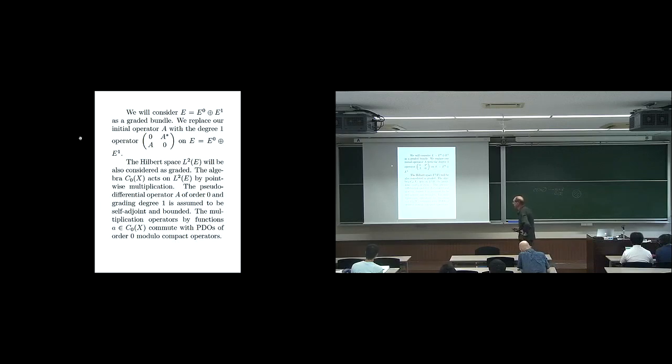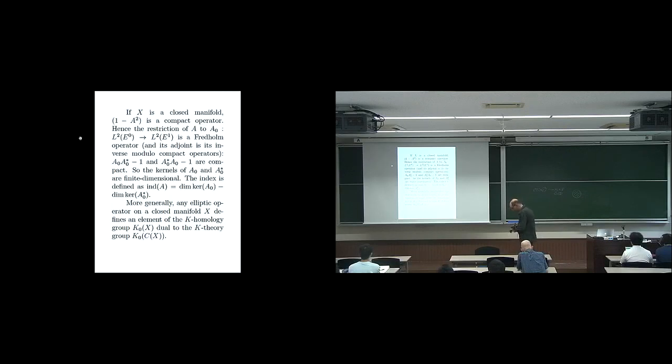Now, the main property which we'll use is that pseudo-differential operators of order 0 commute with multiplication by functions modulo compact operators. So the commutators are compact. That's the main property we'll need. Now, what are the topological consequences of all this stuff with elliptic operators?